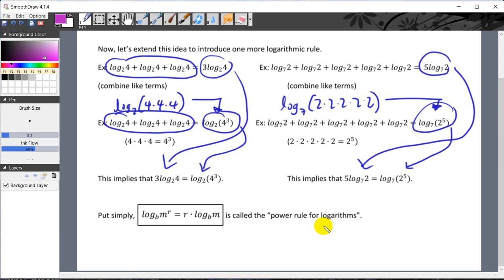So this is a special property for logarithms. This is called the power rule. Anytime you have something of this form, if you see an exponent here, we can drop it down, and you have r times log base b of m. This one is pretty straightforward.